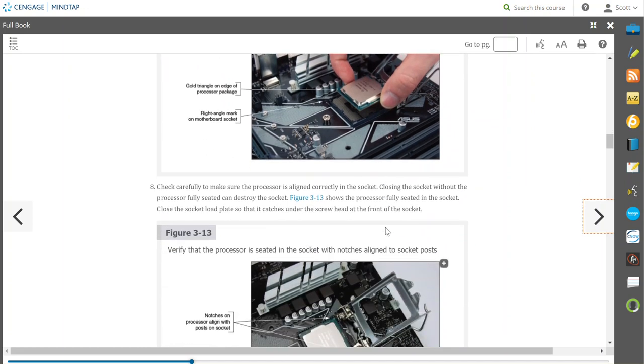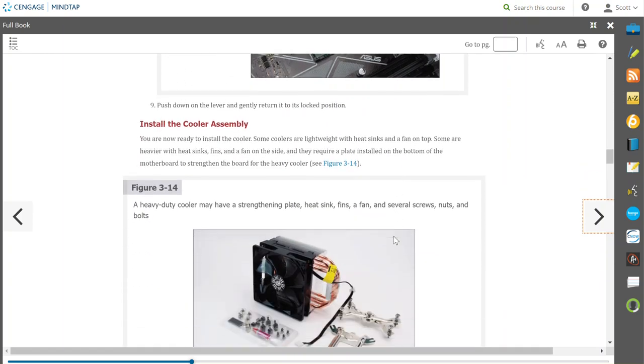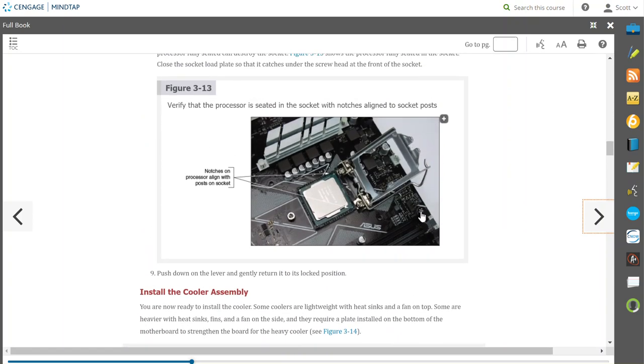Like I said, don't force it. Let it fall into place. You may need to shift it a little bit. Never do anything that puts force on those pins coming out of the bottom of the processor, the CPU. So here we've got it, notches aligned, it's fallen in place. We would then bring down that retainer and lock it in place.